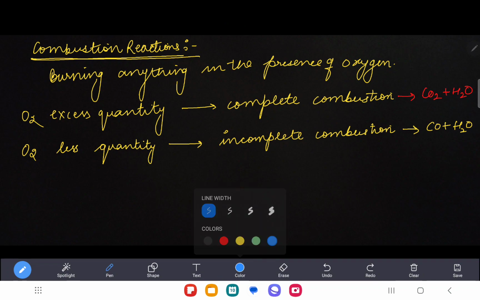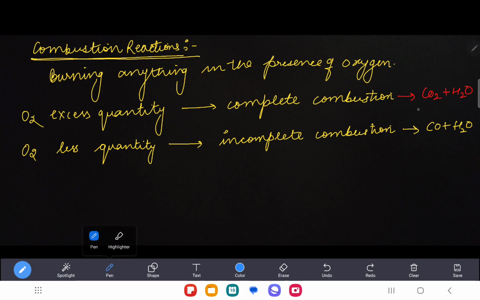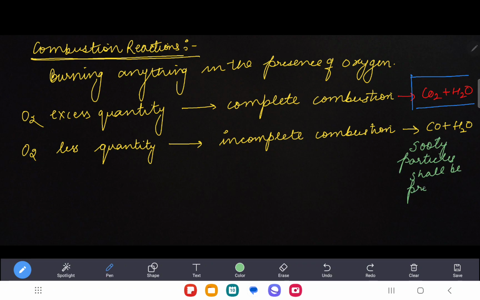So this would be water. And also in the incomplete combustion, sooty particles shall be produced. What are sooty particles?